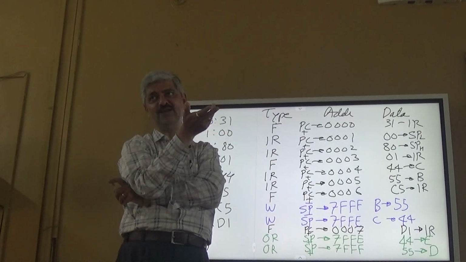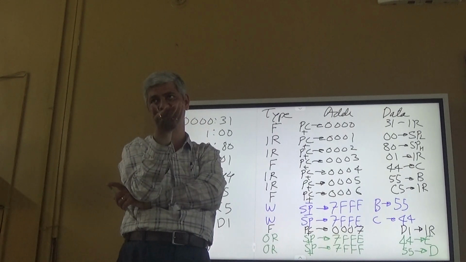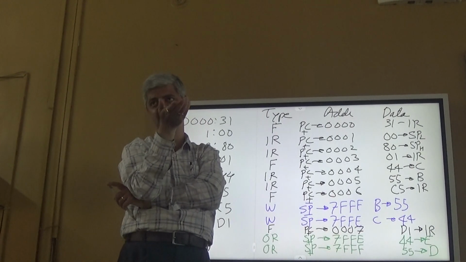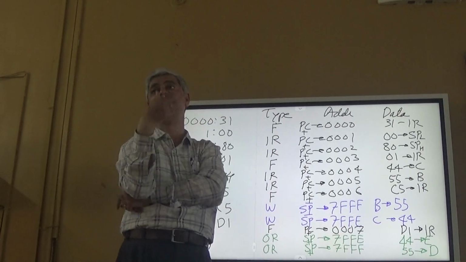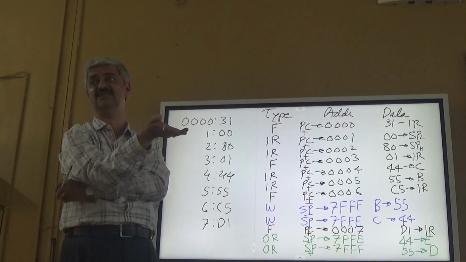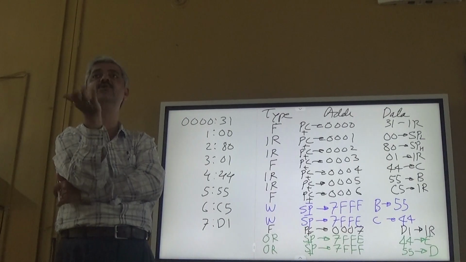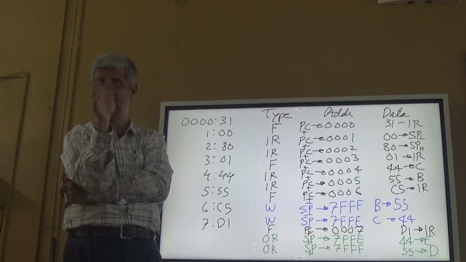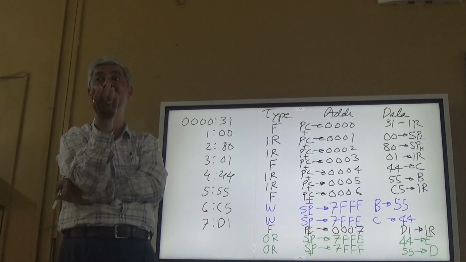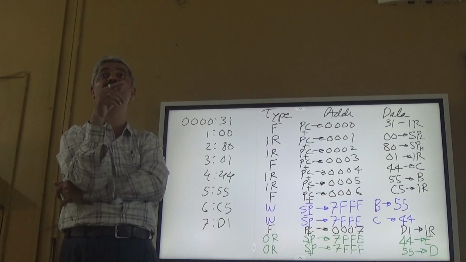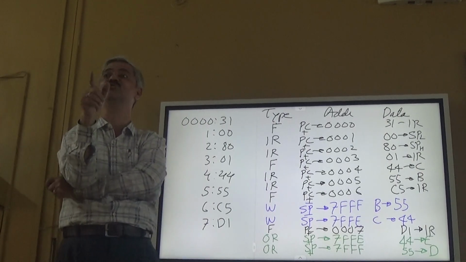You can still do it using different operations: move B to A, STA, but each time you have to take care of storing at the next location. Or you can use move M comma A, INX H, move M comma B, like that. But the problem would be that for storing you have to use the HL pair, so the original value of the HL pair needs to be stored somewhere else.